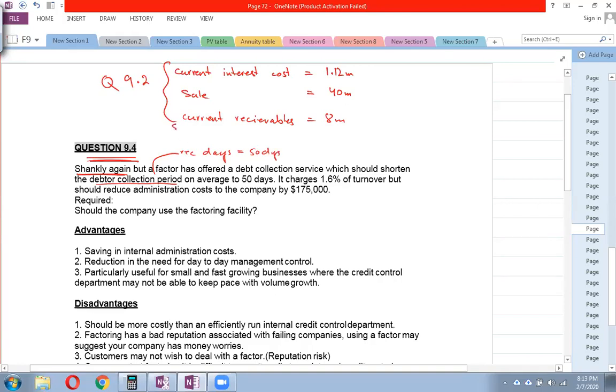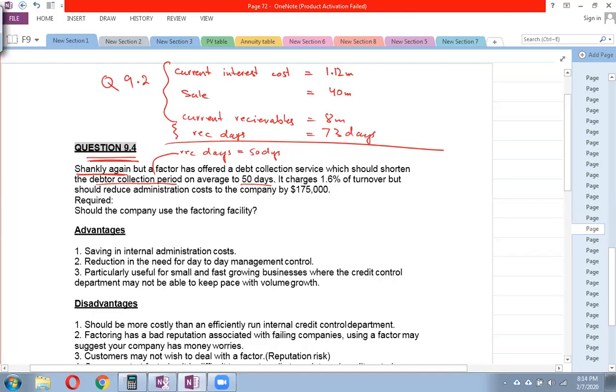How many were the receivable days before? 73 days. Now, if we take the factoring facility, what will happen? Our receivable days will be reduced to 50 days rather than 73.